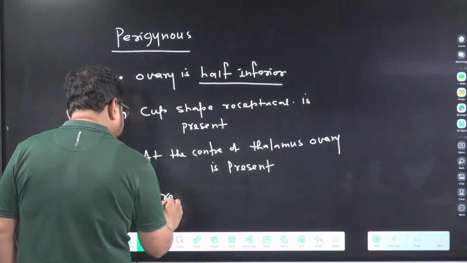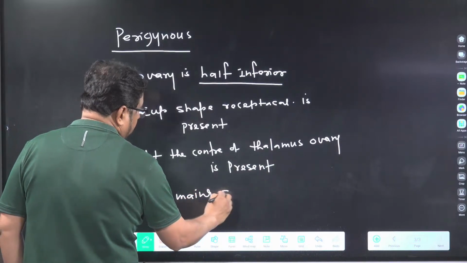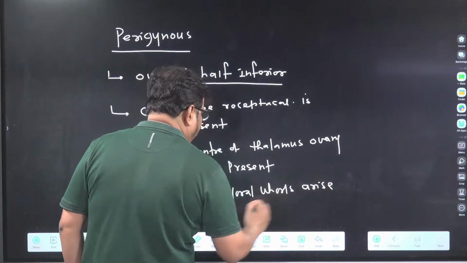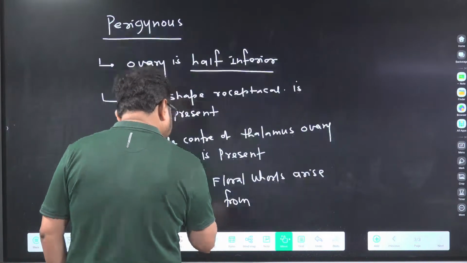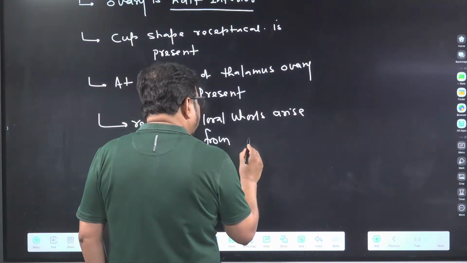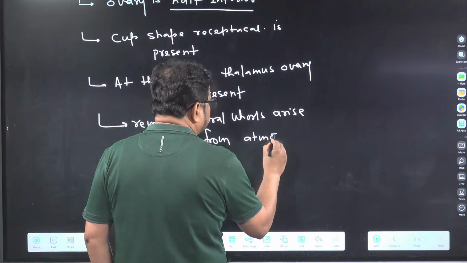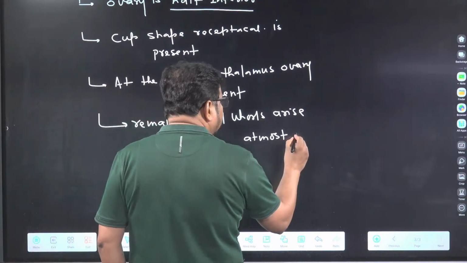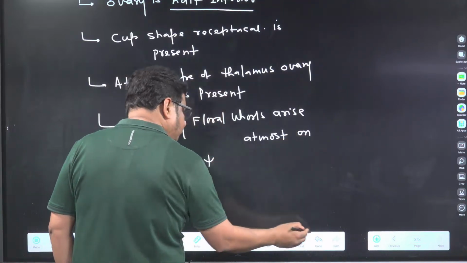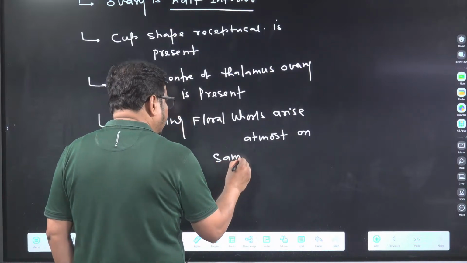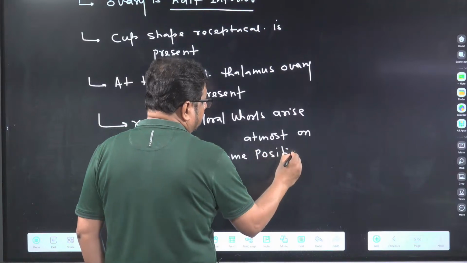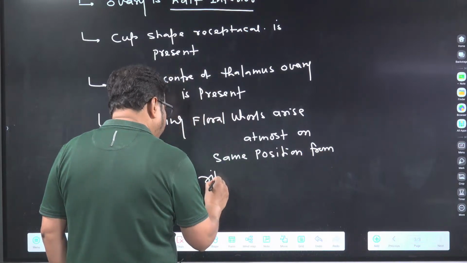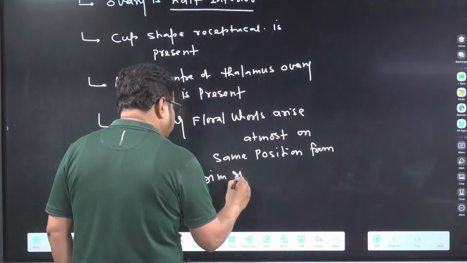The remaining floral whorls arise, and it is better to write, almost from the same position, from the rim of the thalamus.